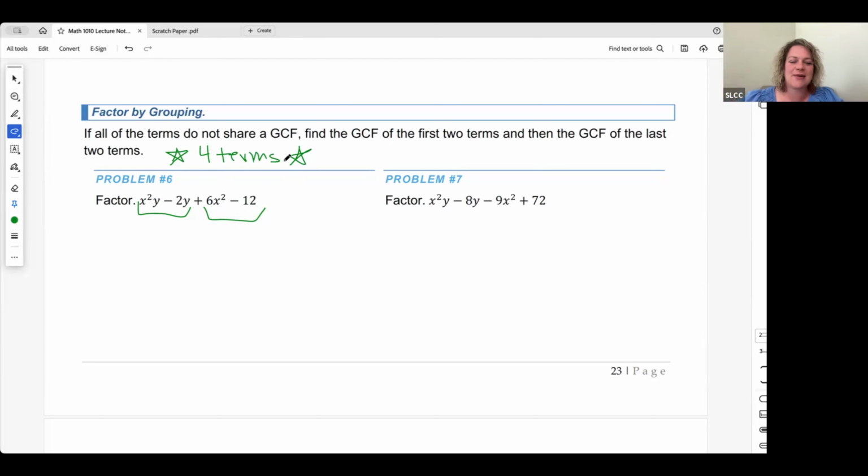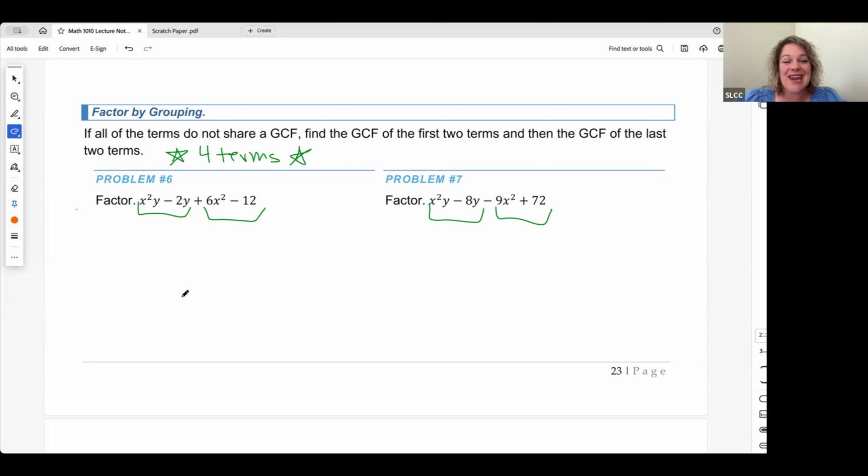All right, so anytime I see four terms, I think, make the first two a group and the second two a group and factor by grouping. What does that mean? Factor out the GCF in each group. Now, we talked about the GCF in a previous video. That's the greatest common factor.